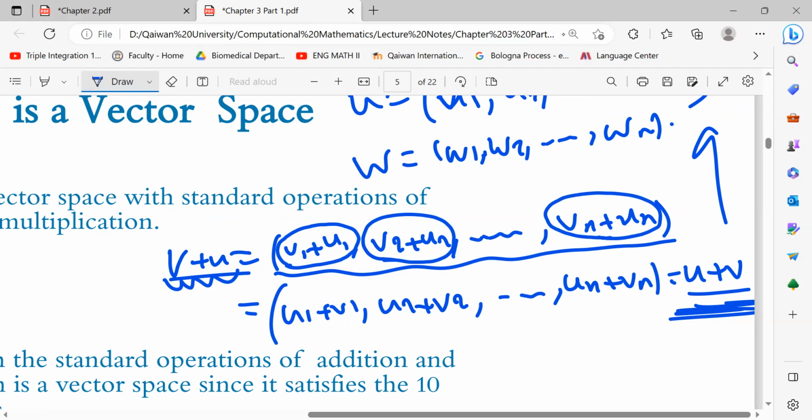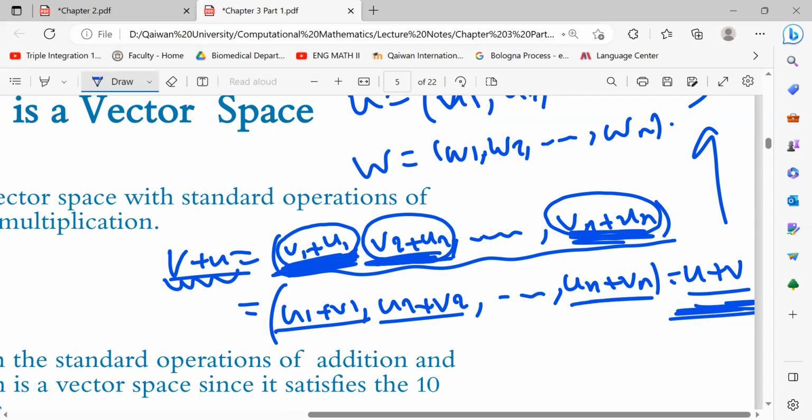Can we commute these? They are real numbers. Let's say it's 2 plus 0.5. Can I say it's 0.5 plus 2? Of course. That means we can commute these two values, and these two values, and so on up to here.